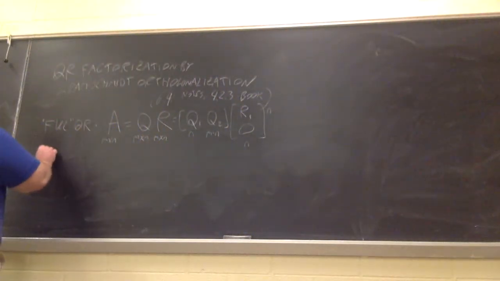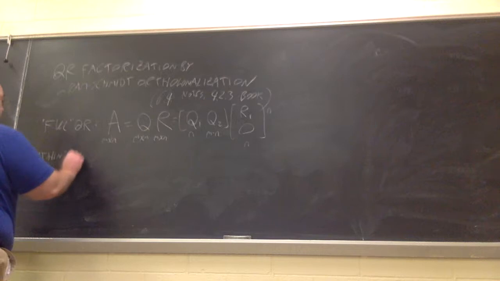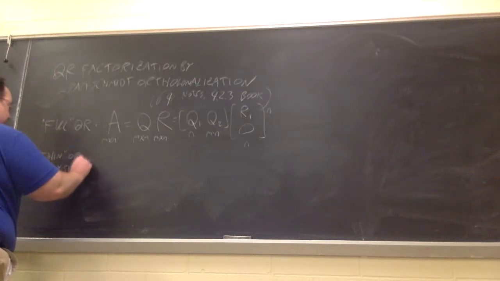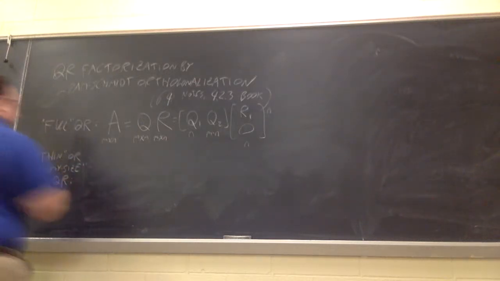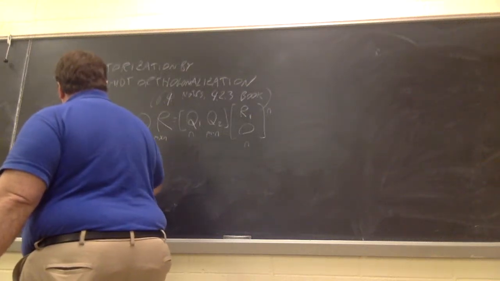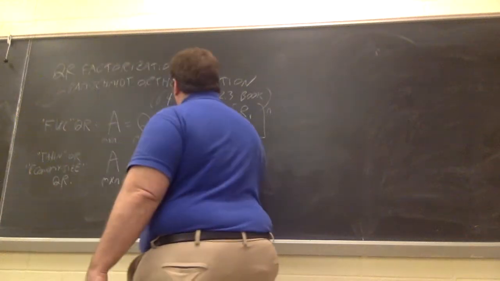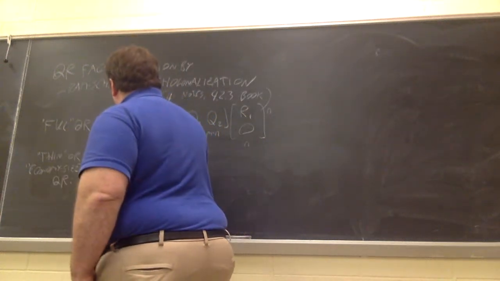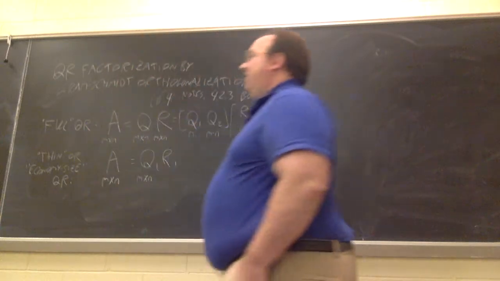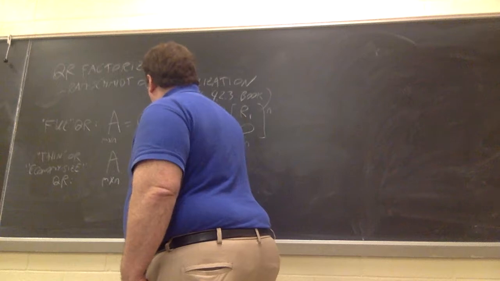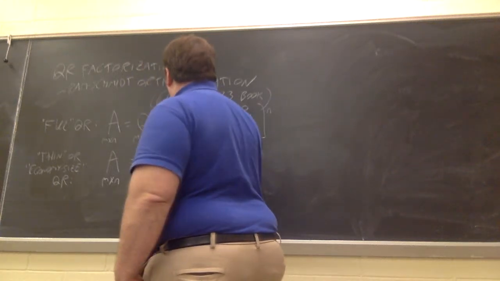So the thin, or economy size, QR. We just factor A into, really it's just the Q1 and R1 from here. Q1 is the same size as A, and R1 is a square matrix.